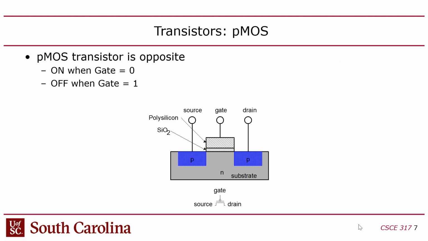Yeah, so in the PMOS, the N is the substrate, which is actually, as I showed before, a well, not the substrate. And then the diffusion area is P. So what do you have to do here? You've got to put a negative voltage on the gate. So you get negative charge here, and then in the N, you attract the holes. The minority carriers here are holes that get attracted to the channel.